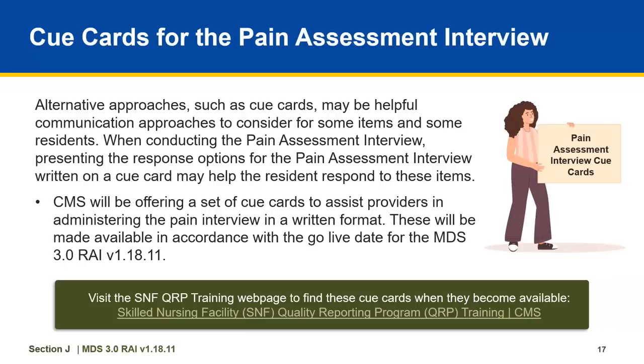CMS will be offering a set of cue cards to assist providers in administering the pain assessment interview in a written format. These will be made available in accordance with the go-live date for the MDS 3.0 RAI version 1.18.11. Visit the SNF QRP training webpage to find these cue cards when they become available.